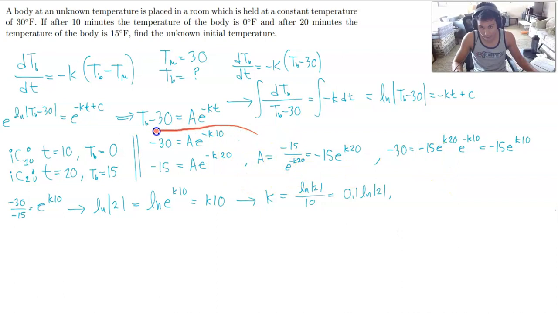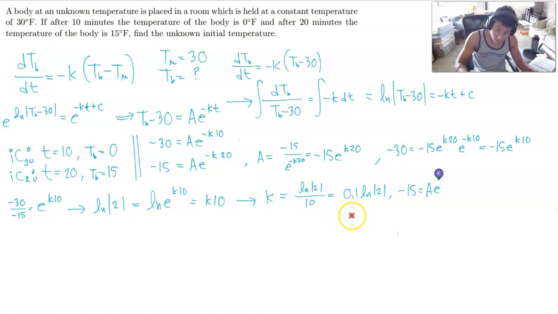So if we want to go back here, we can use this equation again, or you could use this equation here. I'll pick this one too, just to show you. So negative 15, and then a, you don't know what a is, but you know what k is. So you go up to here and you go negative 20, and then k is this, 0.1 ln2.